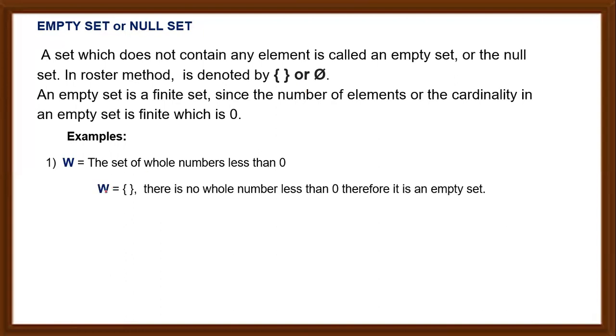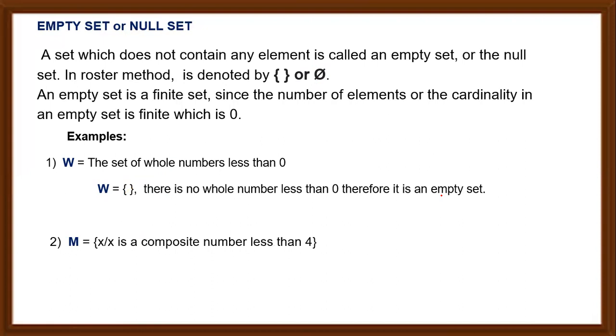Okay, kapag empty po yung sagot natin, susulat lang natin na open close braces or pwede naman itong symbol na to. Meaning to say, there is no whole number less than 0. Therefore, it is empty set or null set. Kasi di ba remember, pag less than 0, negative na yon. Kaya nga wala tayong whole number less than 0.